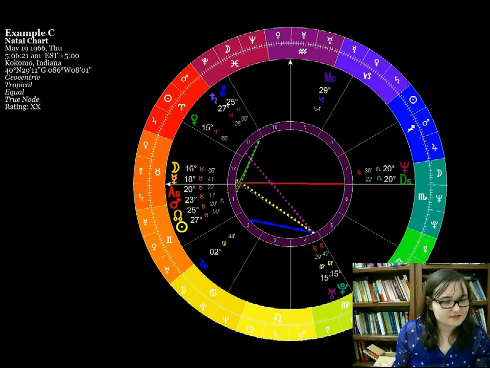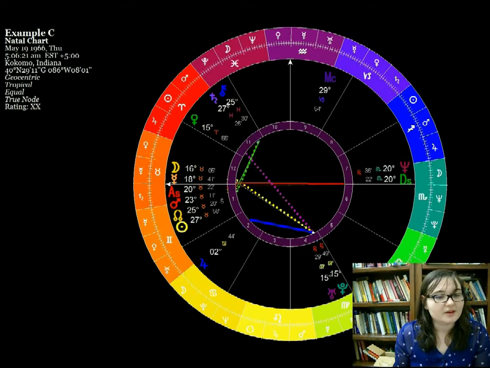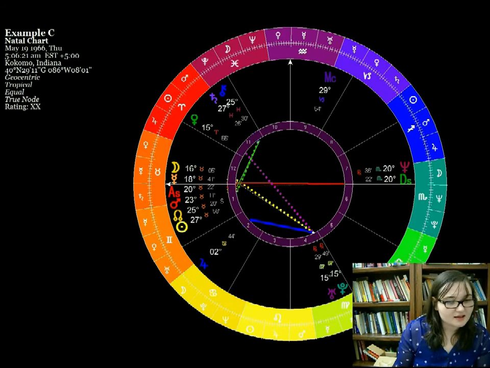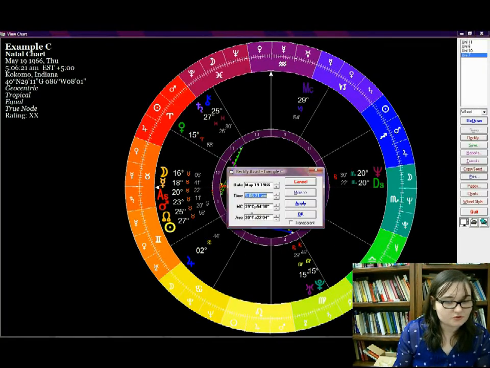As you can see, the moon is at 16 degrees Taurus. This individual's birth time was actually pretty close, because we have the ascendant at 10 degrees Taurus. With this new one, we have it at 16 degrees 5 Taurus. So we are going to put the ascendant at 16°05' Taurus.